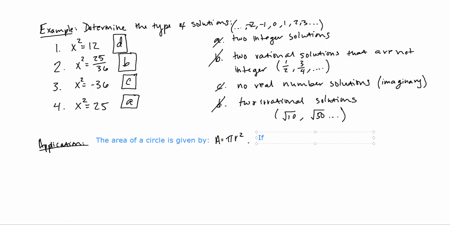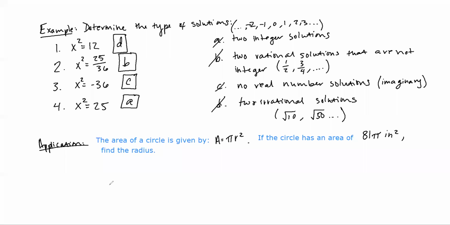Then we're told if the circle has an area of, now that's the only annoying part with typing is that I have to switch back from typing to writing with some of this math notation. 81 pi inches squared. Then we're told to find the area. Or sorry, find the radius. We're given the area.